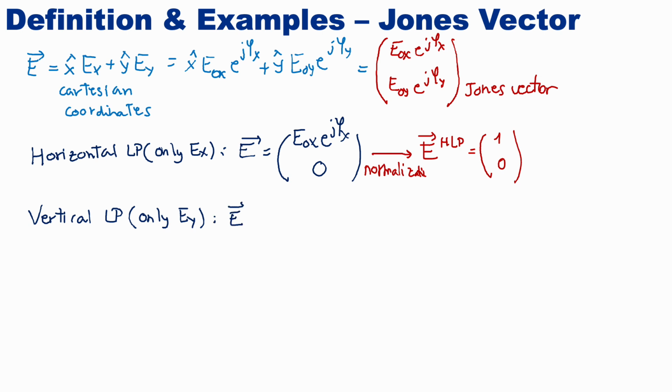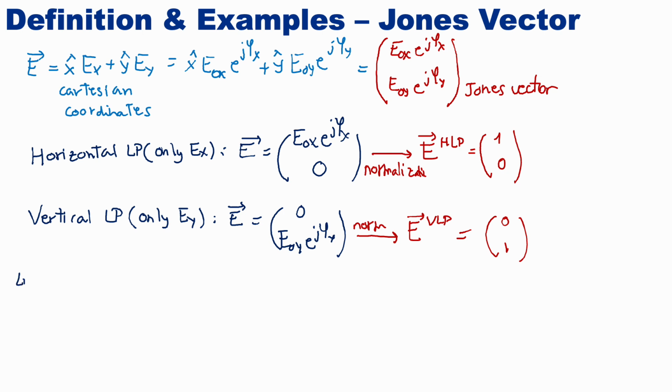So our electric field is going to be 0, and then the y component, considering its absolute value, its amplitude, and the phase. And again, if we normalize it, now the Jones vector for vertically linear polarized light is going to be 0, 1.